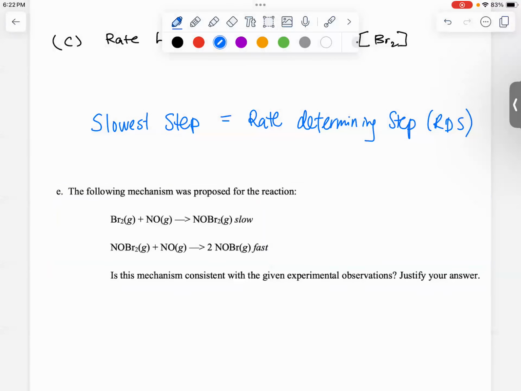So we would say, this is the slow step, so this is the rate determining step. And how do we use the elementary step to write the rate law?